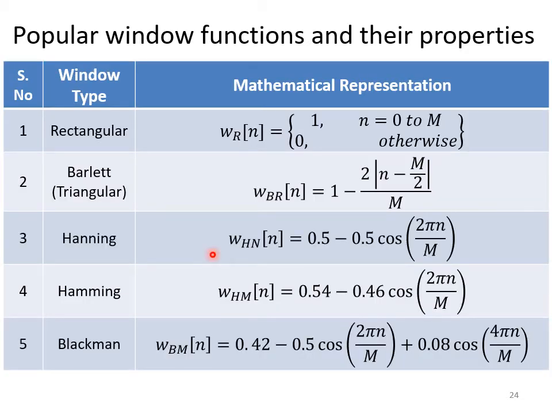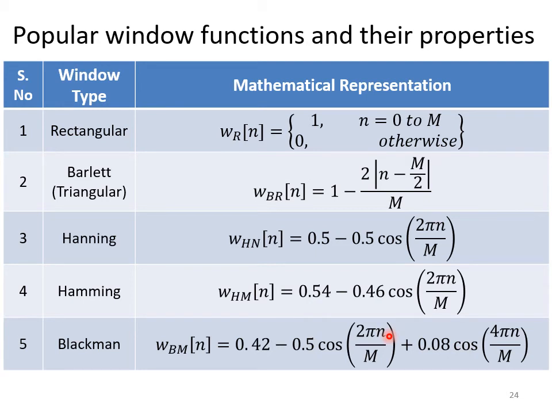The mathematical equations of these windows are given here. The rectangular window is equal to 1 when n is from 0 to M, otherwise it is 0. The Bartlett window, also called the triangular window, is represented by this equation. And similarly Hanning and Hamming, you can see there is only a slight difference here. In the Hanning window we have 0.5 minus 0.5 cos of this, and in the Hamming window we have 0.54 minus 0.46 cos, and this is the equation for the Blackman window.